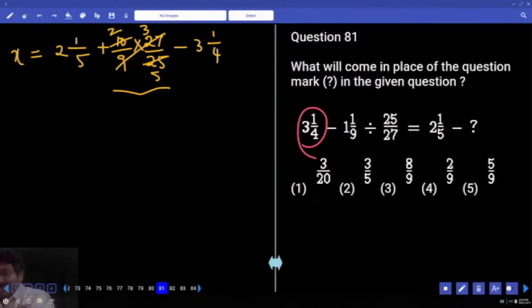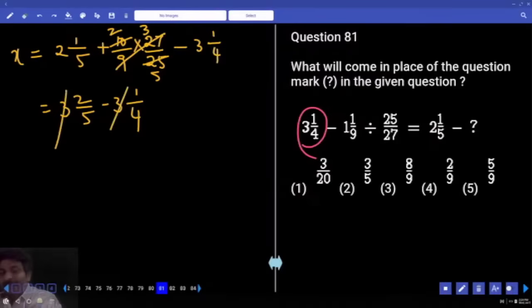Numerator 6 by 5 in the sense 1 1 by 5, already 2 1 by 5 plus 1 1 by 5, 3 2 by 5 minus 3 1 by 4. 3 3 gets cancelled. 2 by 5 minus 1 by 4. LCM 20. 2 into 4, 8. Minus 1 into 5, 5. 8 minus 5, 3. First option.